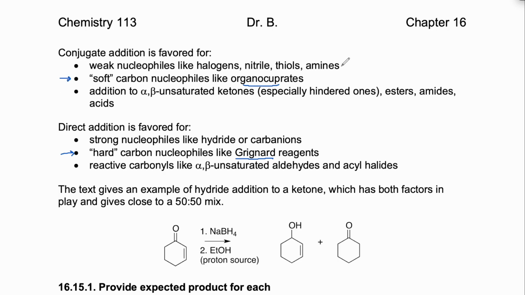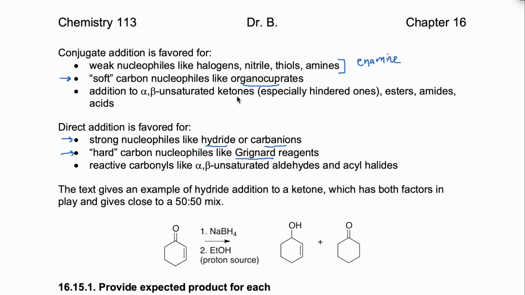If you have some other weak nucleophiles, those will also tend to do conjugate addition. Most of the time you will get direct addition for hydrides or other carbanions if you don't weaken it, like making it an organocuprate or making an enamine when we learn about aldol reactions.